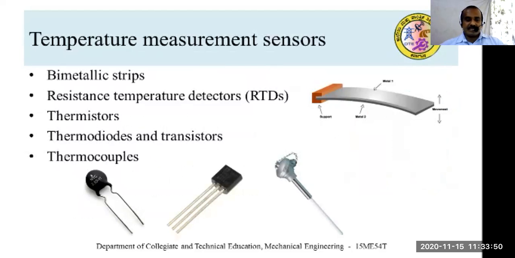The various types of temperature sensors are bimetallic strips, which use two metals made up of different materials bonded together having different thermal coefficient of expansion; resistance temperature detectors, in which resistance increases with increase in temperature, and by measuring the change in resistance, temperature is determined; thermistors, a semiconductor material having negative coefficient of thermal resistance; thermodiodes and thermotransistors, which operate in the range of -80 to +150 degrees centigrade.